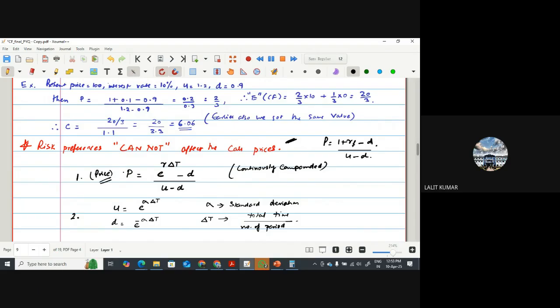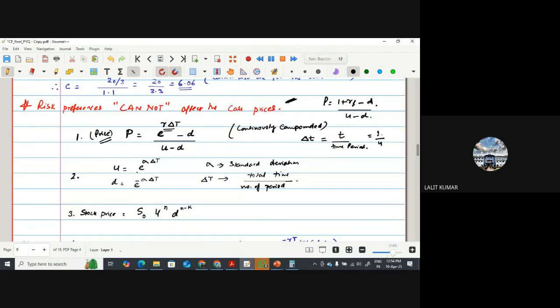If you put this into the probability, the probability will become (e to the power R delta T minus D) divided by (U minus D). Delta T is nothing but the total time divided by the number of time periods. In case they say 1 year and there are 4 time periods, this will become 1 by 4.